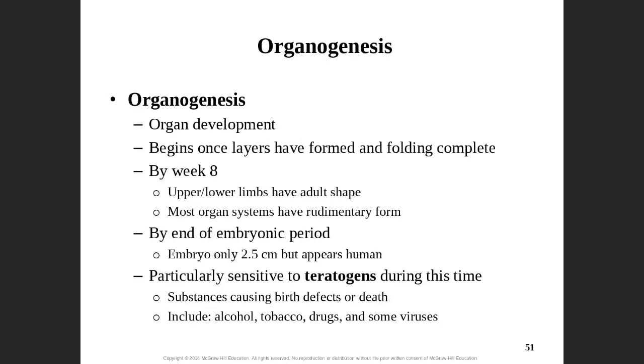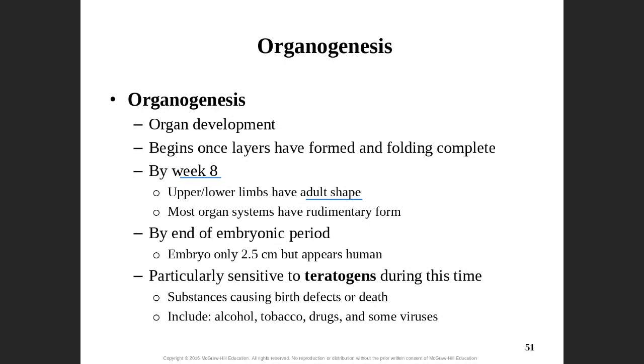So by week 8, we're going to see a structure that pretty much resembles an adult shape. So we'll have upper and lower extremities. We're going to have a torso. Also during this time, we have completed all the folding that we're going to do.